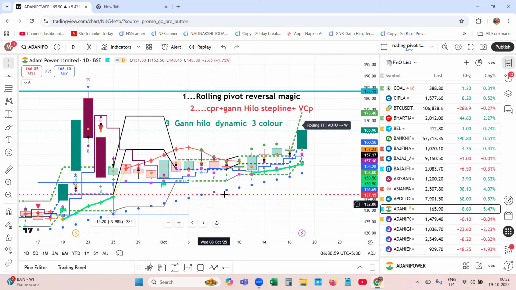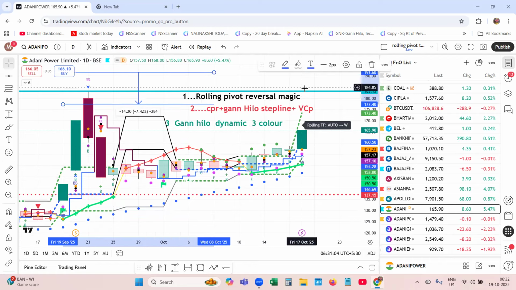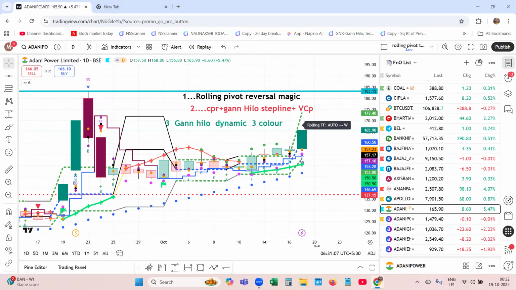Here, it was an uptrend. With the application of my indicator, I can catch the right move after this sideways move, a proper entry. It did not indicate any entry over here, but the moving Gann Hilo was positive. Even though it was going sideways, this Gann Hilo was positive, it is blue.